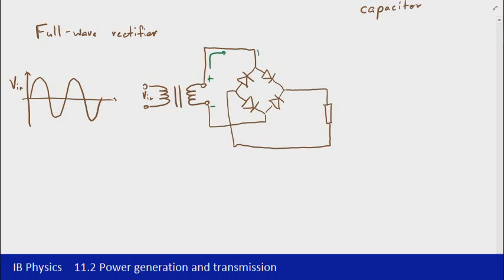Now when the current flows down to this point, we're going to see that this diode on the left hand side here is going to be reverse biased, and so current will have to flow down the right hand diode. It will then go down through the resistor and come back up this way and get to this point here.